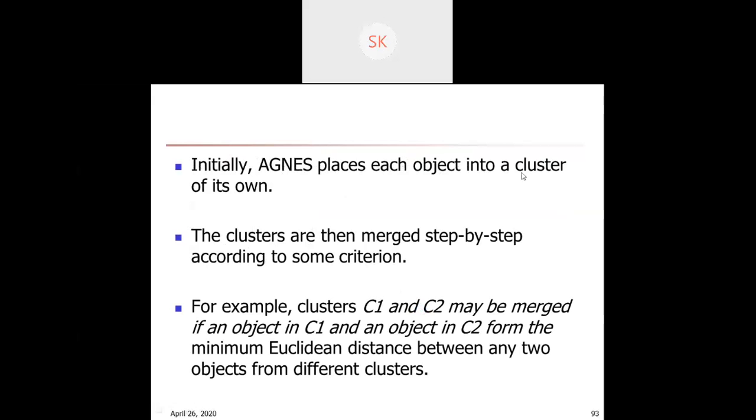Initially, AGNES places each object in a cluster of its own. So this is the explanation of the diagram we have discussed. For example, cluster C1 may be merged with cluster C2 if an object in C1 and an object in C2 form the minimum Euclidean distance between any two objects from different clusters.